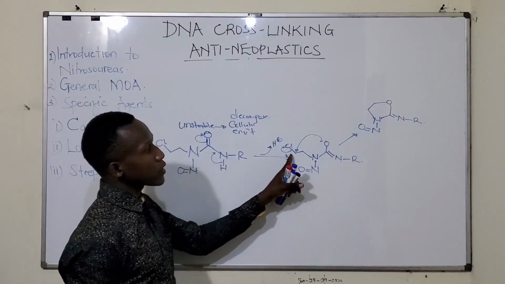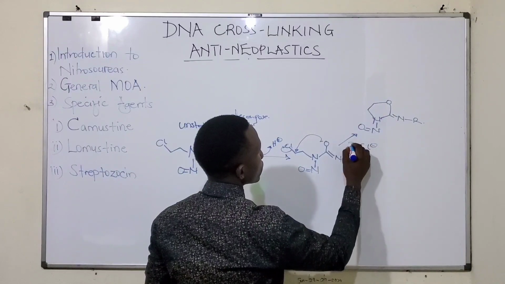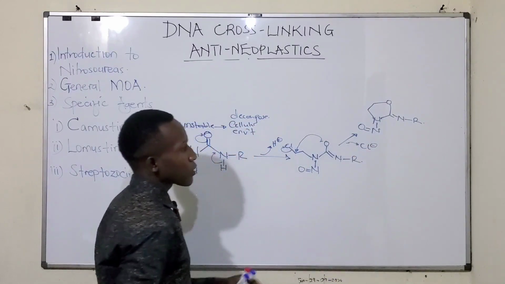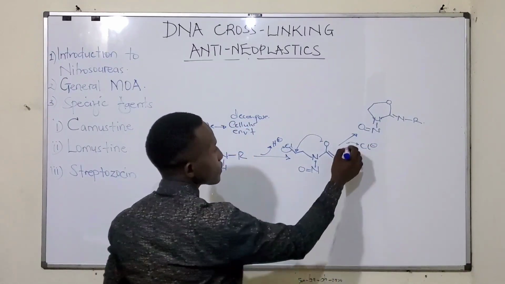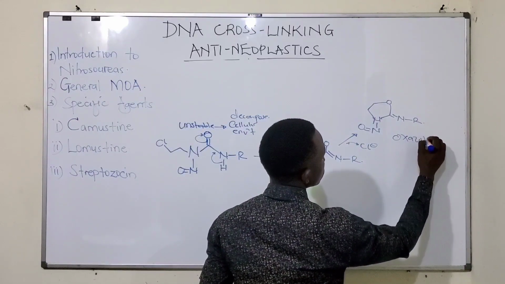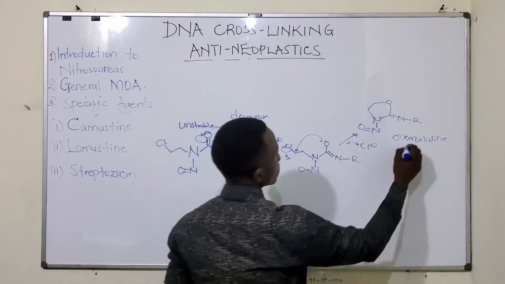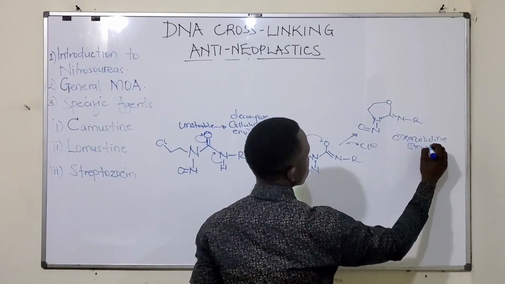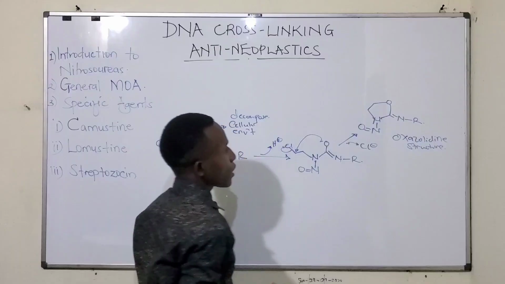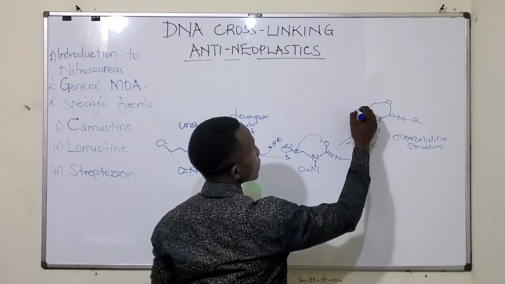The chloride atom is lost. Here we shall have loss of the chloride ion. This is the oxazolidine structure, this ring. And this ring will decompose slowly, non-enzymatically.